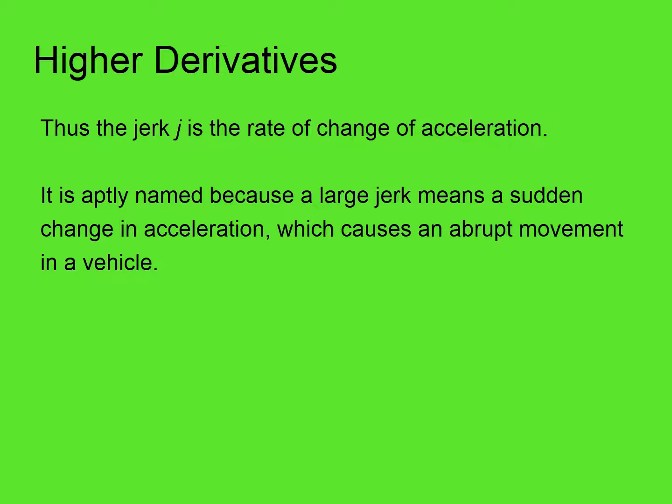Now here, we can get some sense from our experience of how to understand the jerk, or third derivative of the position function. Jerk j is aptly named because a large jerk means a sudden change in acceleration. You're accelerating, but then there's a change in that. Maybe you hit an object. It causes an abrupt movement in a vehicle.